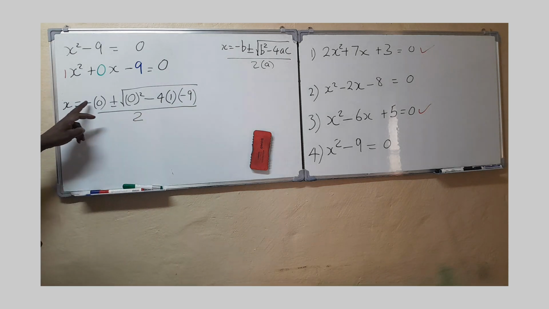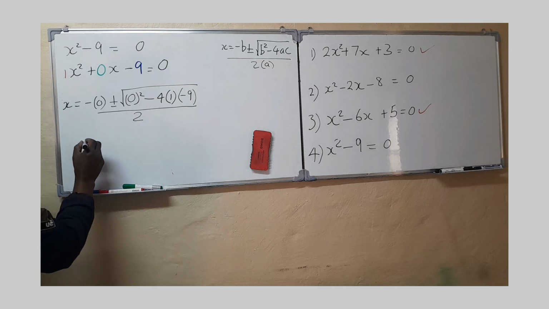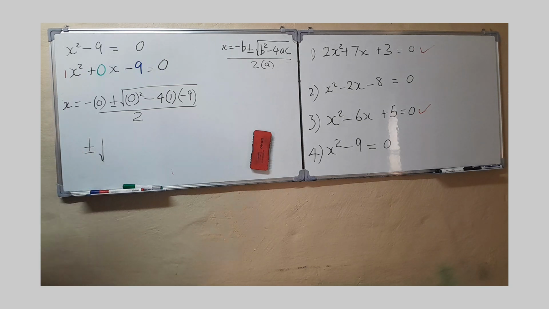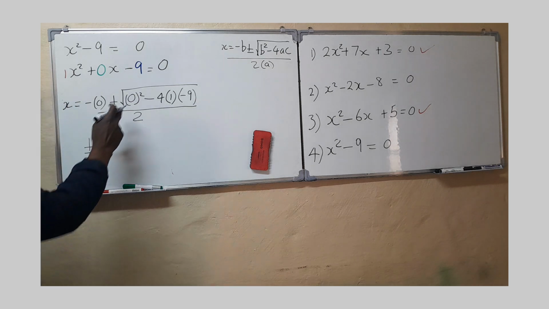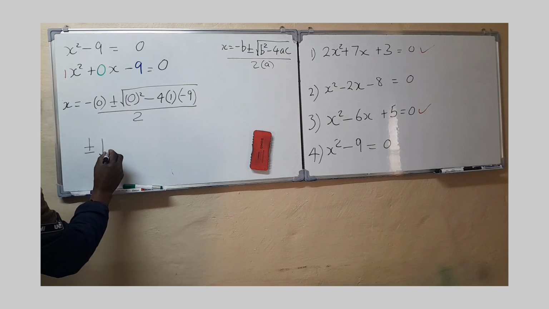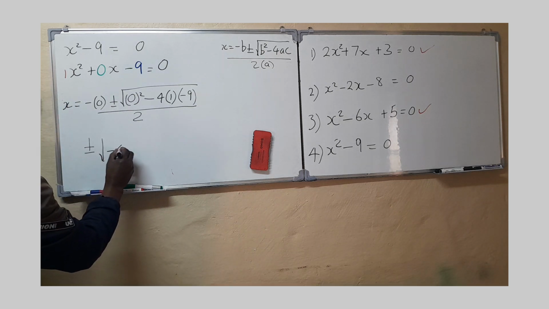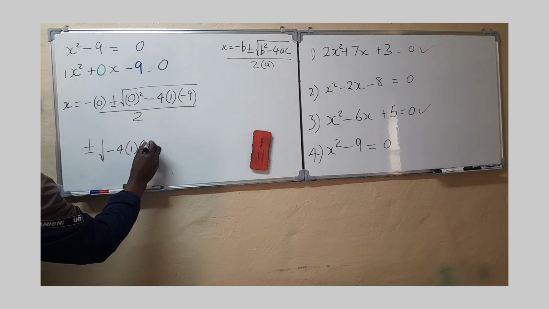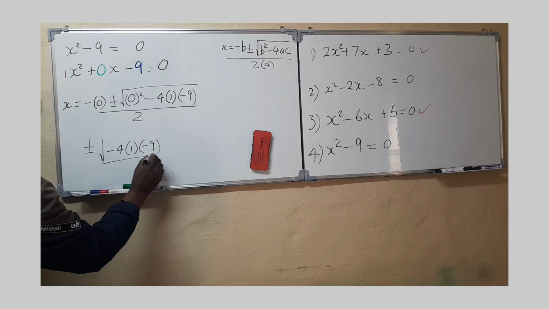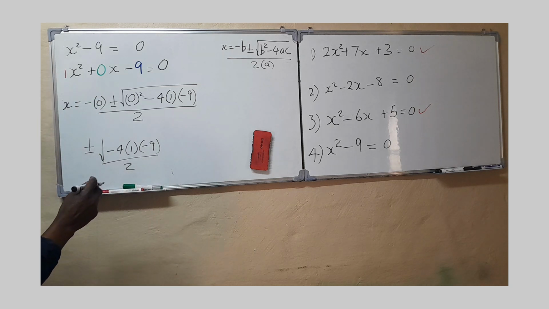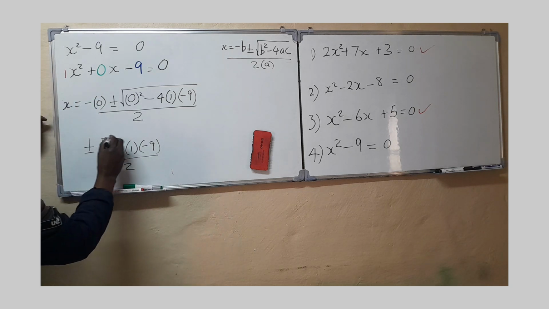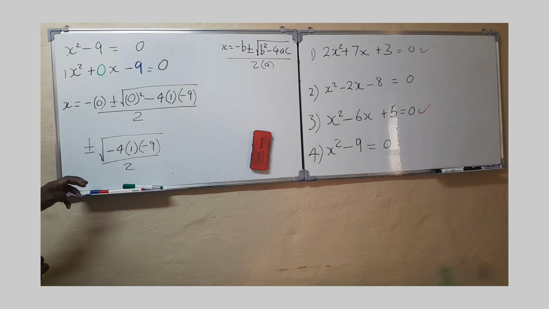Let's simplify. Minus 0 is just nothing, so we just have plus or minus the square root of 0 times 0, which is 0, minus 4 times 1 times minus 9, all this over 2. Remember, all this is under the square root sign. So inside the square root sign, we have minus 4 times 1, which is minus 4.